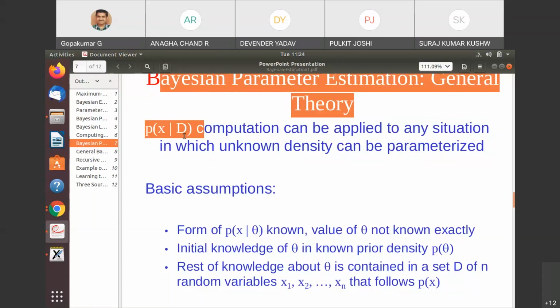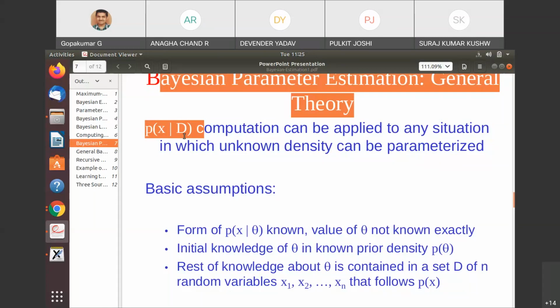Because what we have seen is the probability of x given wi, that is the likelihood. We can group the tuples of the training data set into different categories, w1, w2, w3, and each of them we can call D1, D2, D3, because we have the i.i.d. principle in effect. Then we don't need to distinguish D1, D2, D3; let us say D, because D is independent from the other categorical data.